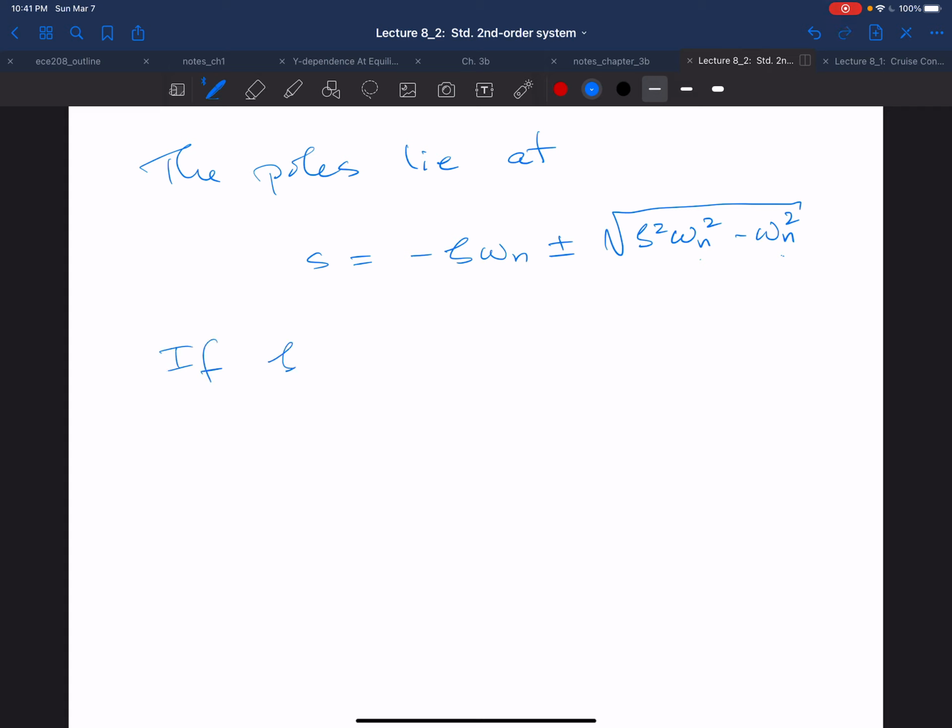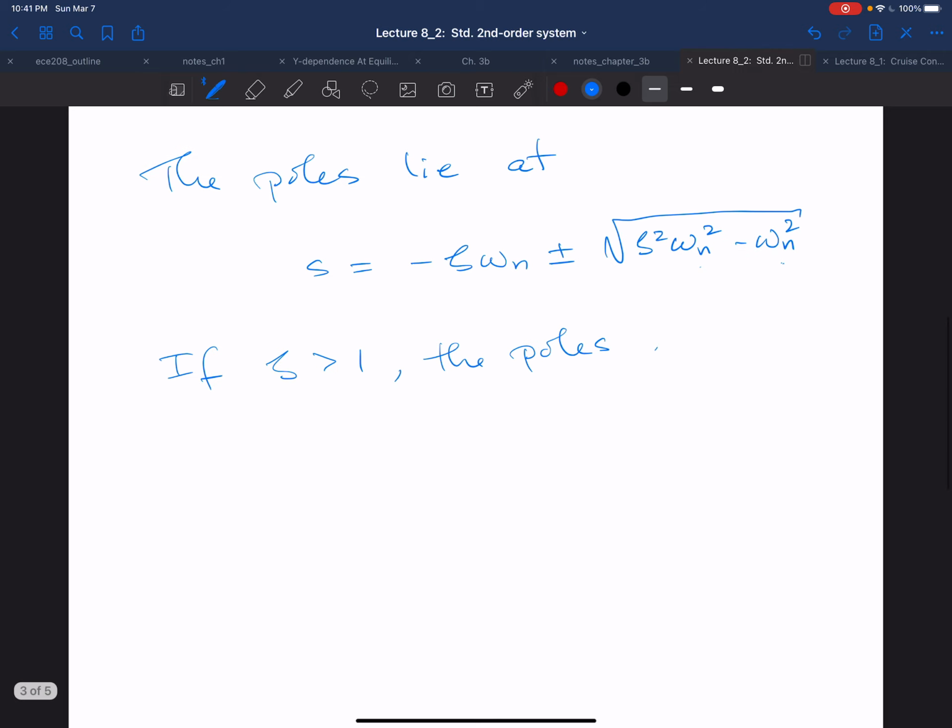If zeta is greater than 1, then this is going to be a positive quantity under the square root sign, so we'll have two real roots. And in fact, if zeta is strictly greater than 1, then those poles are going to be distinct.